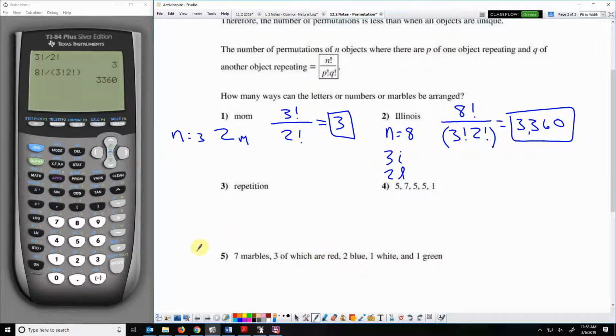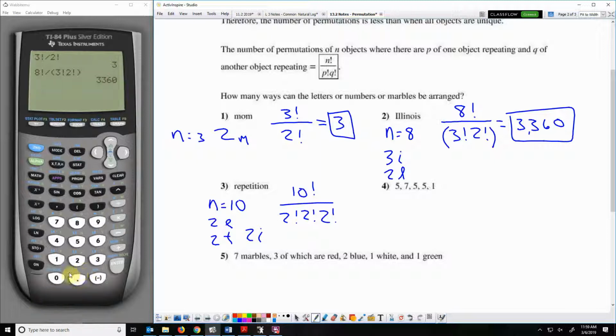In the word repetition, repetition has 10 letters. 2 of them are E's, 2 of them are T's, and 2 of them are I's. So we've got 10 factorial over 2 factorial times 2 factorial times 2 factorial.